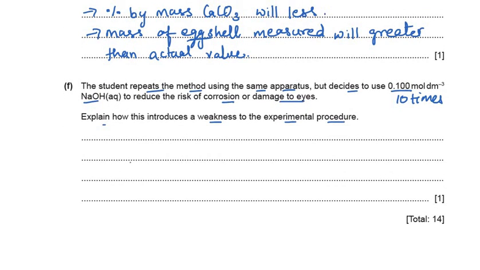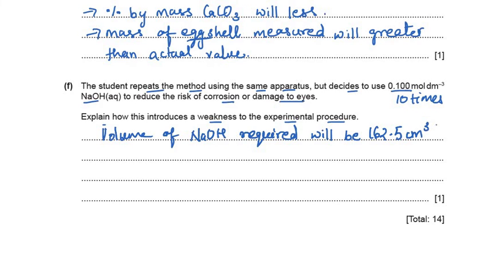That is, the volume of NaOH required to react with HCl will be 162.5 centimeter cube. So what was earlier 16.25 now becomes 162.5 centimeter cube.